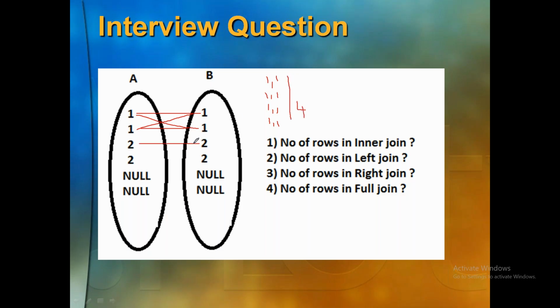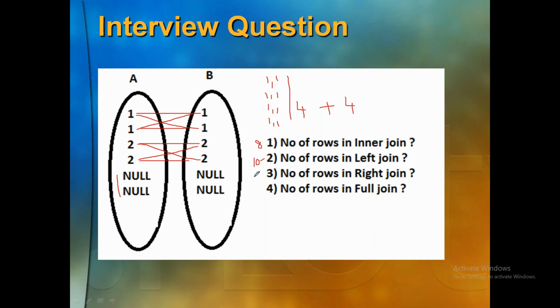Again 2 into 2, 2 into 2, again you have 4 more rows. 4 plus 4, 8 rows are matched data. So the number of rows in inner join is 8, plus 2 unmatched data. So 8 plus 2, 10 will be your answer for the second query.